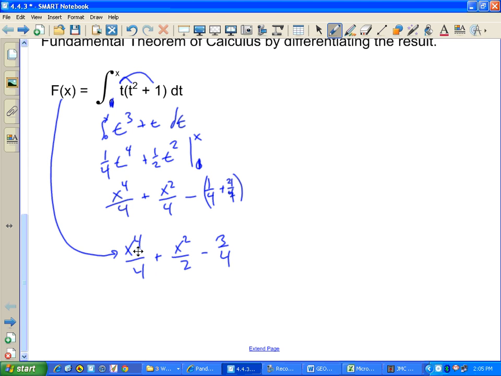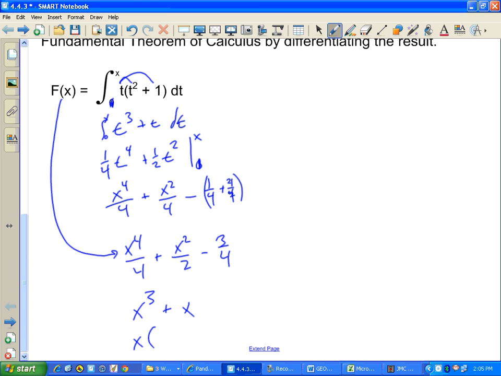If I want to check my answer, I'm just going to take the derivative of this and make sure I get back to this. The only difference is it's going to be x's instead of t's. So if I take the derivative of this, I drop the power, which would cancel the 4 down here and reduce the power by 1, which can be x cubed. This one would go to just x. This one would go to nothing because it's a constant.